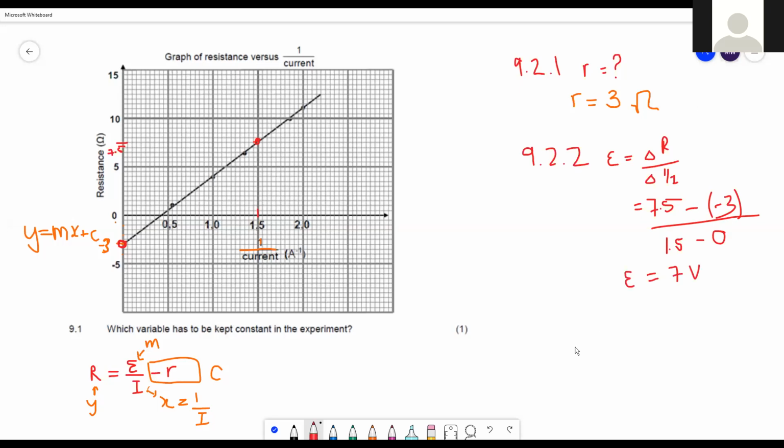Correct me if I'm wrong. Okay, so that is how we work out your EMF, because we've identified that it's our slope. How do we work out slope? You take 2 points. So M is equal to delta Y over delta X. Okay, does that make sense to everyone? Yes, no, maybe.